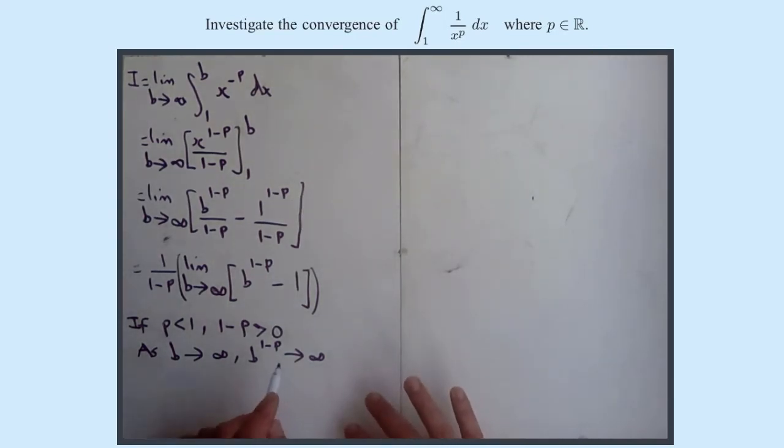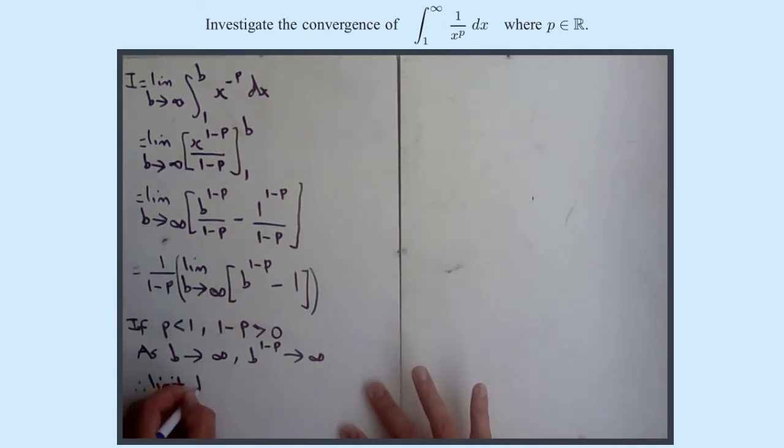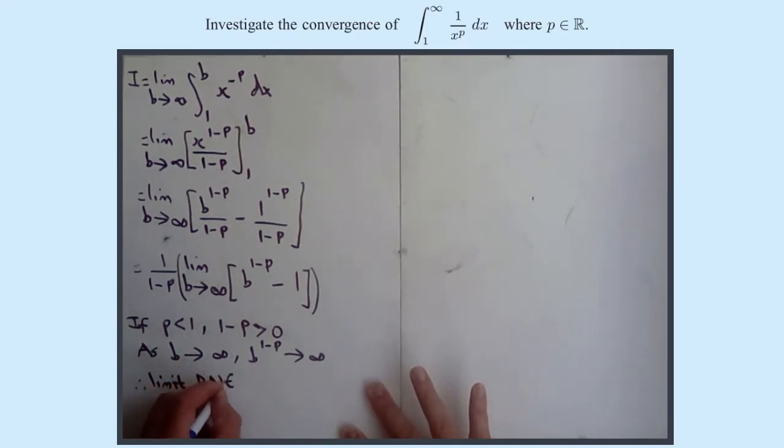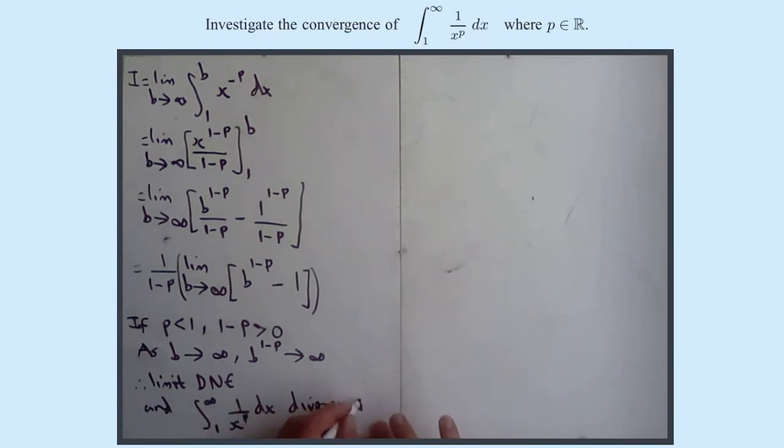So if this bit is approaching infinity, that means the limit doesn't exist, as it's not approaching a finite number. That also tells us that the original integral, the integral between 1 and infinity of 1 over x to the p dx, diverges when p is less than 1.